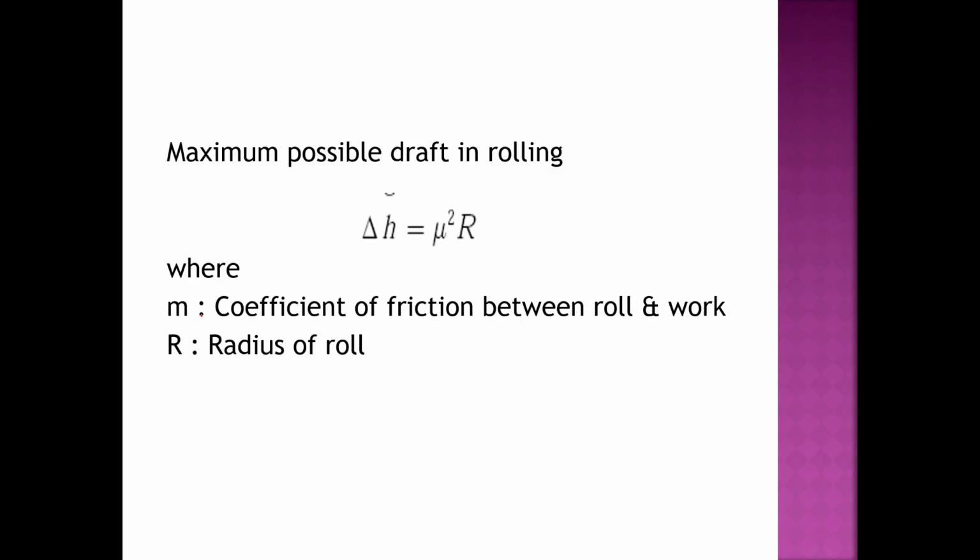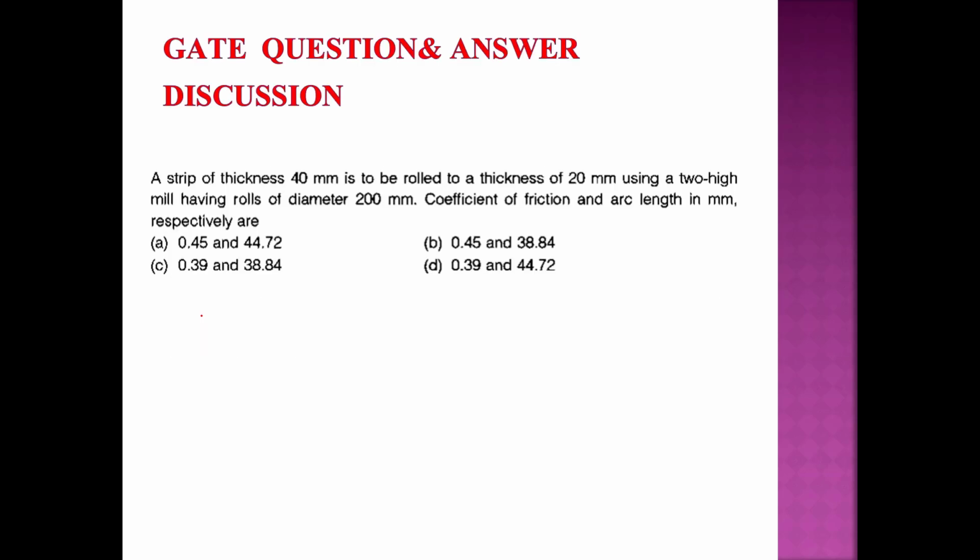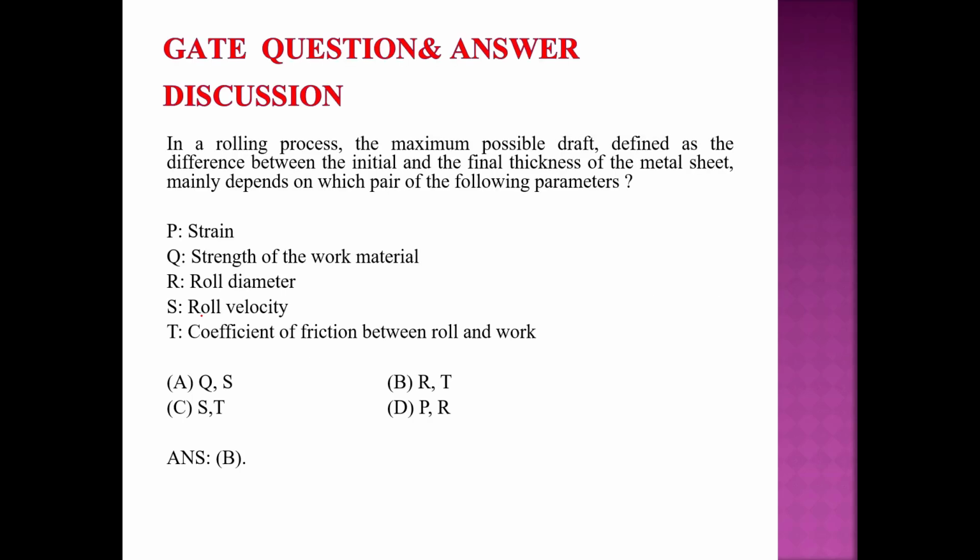So we have the maximum draft formula, that is del H equal to mu square R. Mu is the coefficient of friction between roll and work, R is the radius of roll. From this, roll diameter and coefficient of friction is the right answer. So answer is D, R and T.